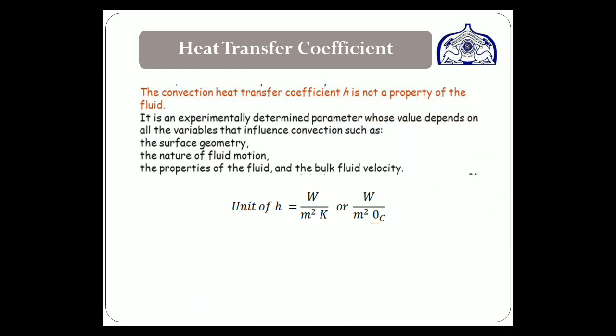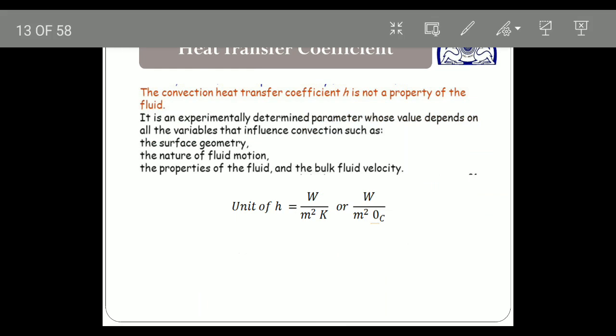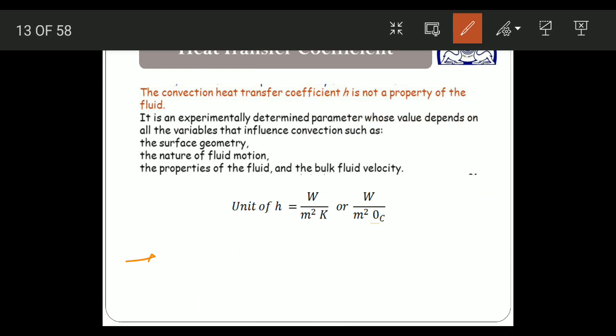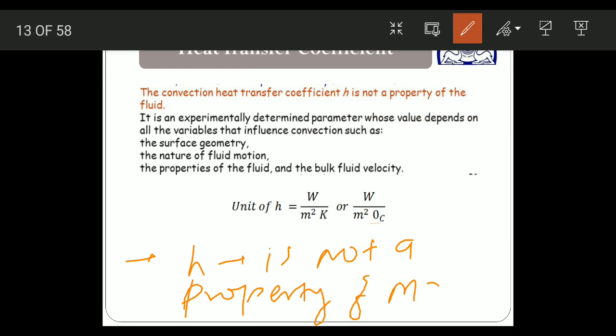Now remember, in this case the heat transfer coefficient is not a property of the material. As already discussed, thermal conductivity is a property of the material, but here the heat transfer coefficient is not.